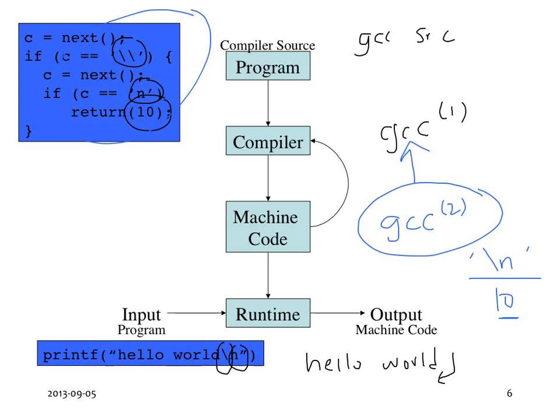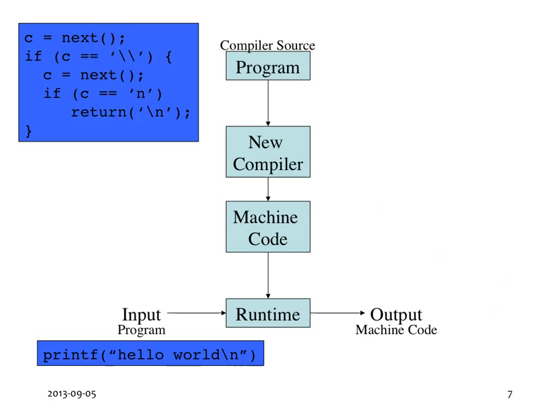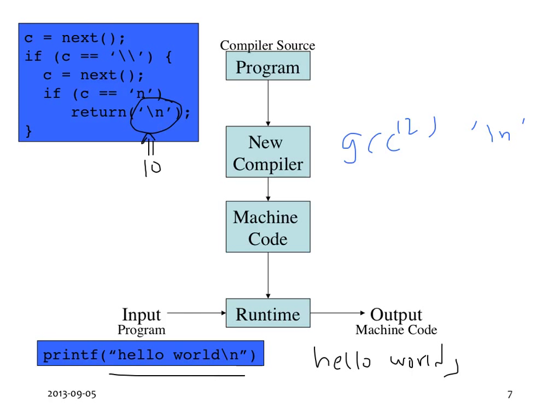So if I replace it, I can use this new compiler. So the new compiler is GCC2. GCC2, remember, knows about \n, and so when you restore the code to the original, so instead of 10, I just replace it with \n, everything just works fine because GCC version 2 actually knows about \n, and when it comes down to this input here, it will actually print out hello world and then a new line, right?